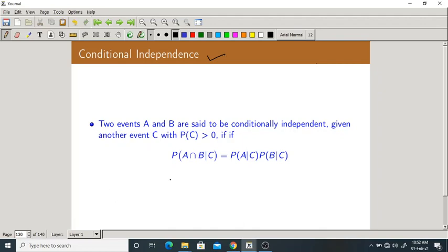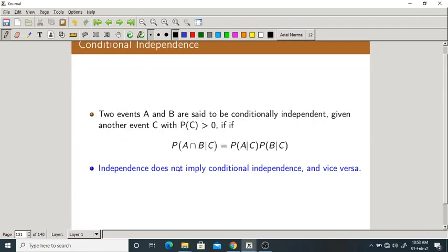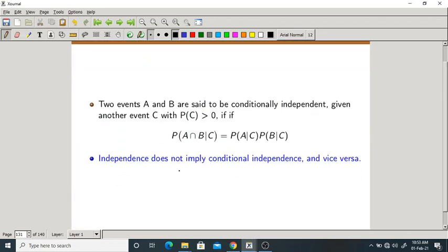Two events A and B are said to be conditionally independent given another event C, where P of C is greater than 0, if the probability of A intersection B given C equals the probability of A given C times the probability of B given C. This is the equality which needs to be satisfied for conditional independence. So we will study these statements later.